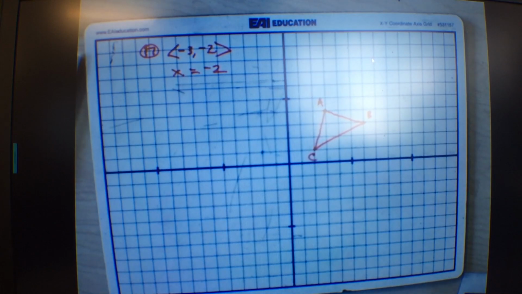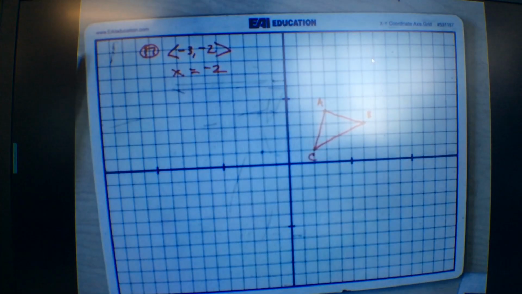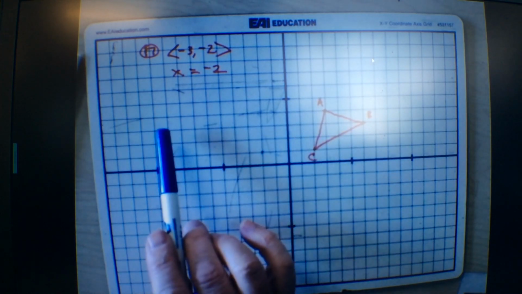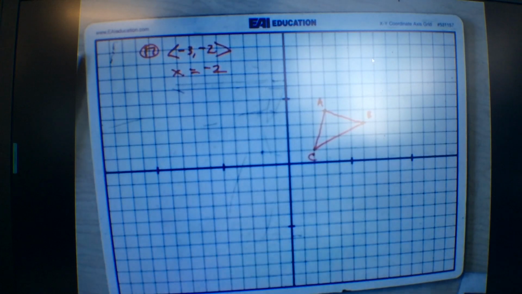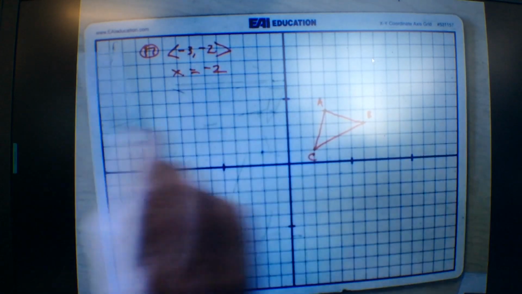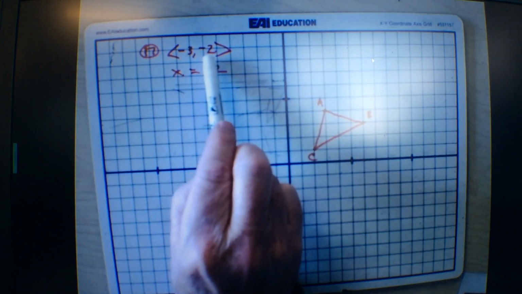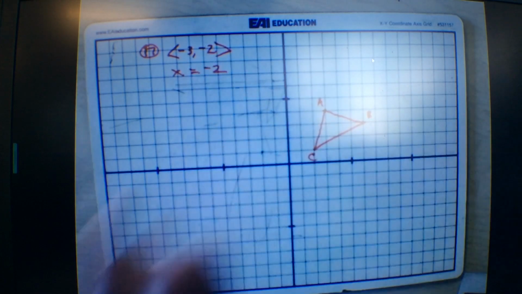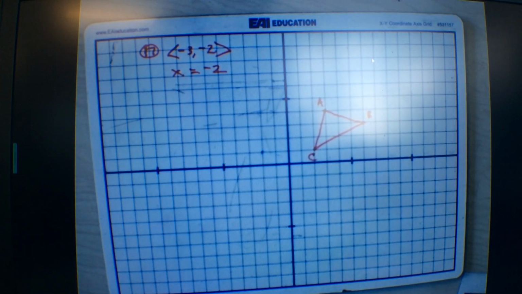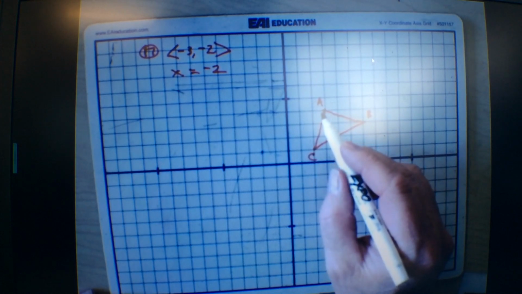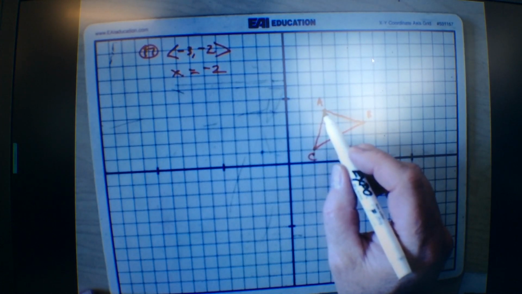One of the things that some students do is they just, I'm gonna switch colors, right? But I'm gonna put points here where the vector is, but I'm not gonna draw the triangle. Why am I not gonna draw the triangle? Don't you have to move it again? Yeah, I have to do it again, so I'm gonna move A. Which way do I go with it?